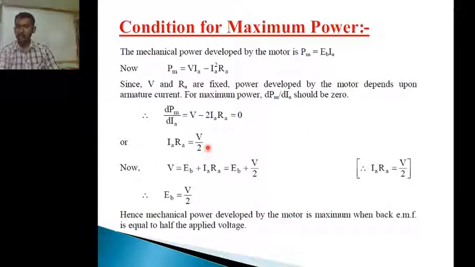We know that the terminal voltage equation V is equal to Eb plus Ia Ra, that is Eb plus V by 2, because Ia Ra equals V by 2 is the condition for the maximum power. Solving this, V equals Eb plus V by 2, so Eb is equal to V by 2. That means for the mechanical power developed by the motor to be maximum, the back EMF must be equal to half of the applied voltage. So this is the condition for the maximum power.